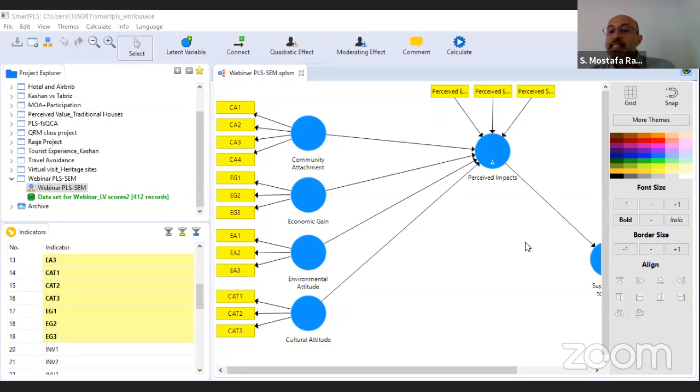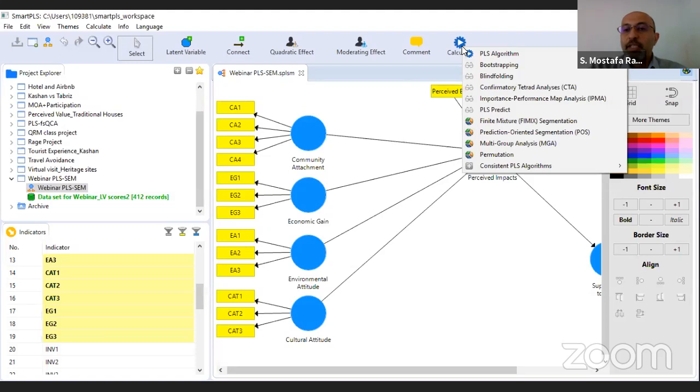We only need to assess indirect effects. So in this step, I don't connect independent variable to DV. And I want to assess the mediation role of perceived impact between these four antecedents and support for tourism, right?